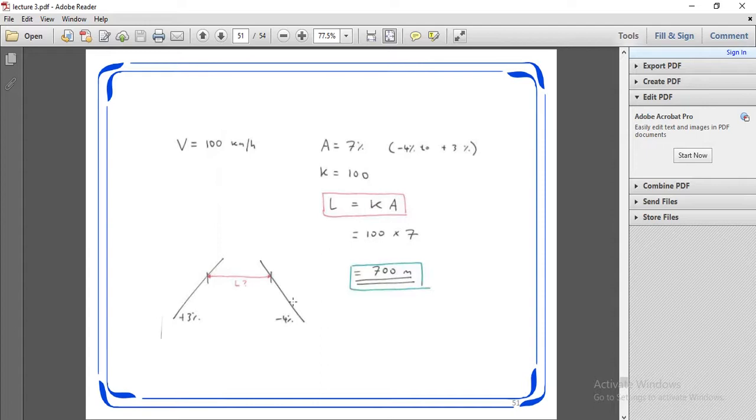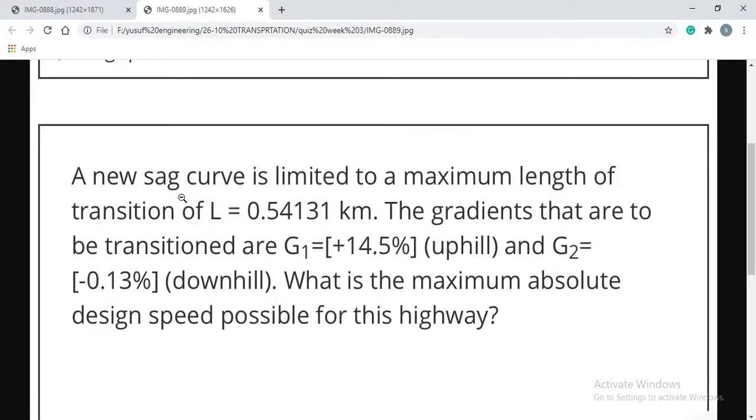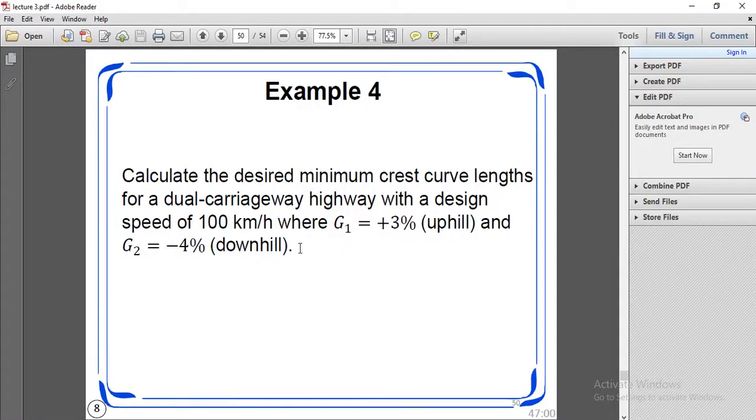So V is 100 km per hour, A is 7%, K is 100, L is equal to this. From this example we need to solve this question in the quiz. We need to find the maximum absolute design speed here, but in the quiz we do not have exactly this type of question.